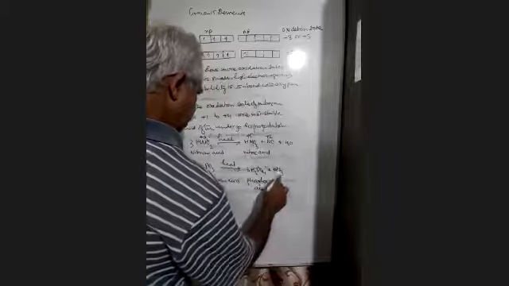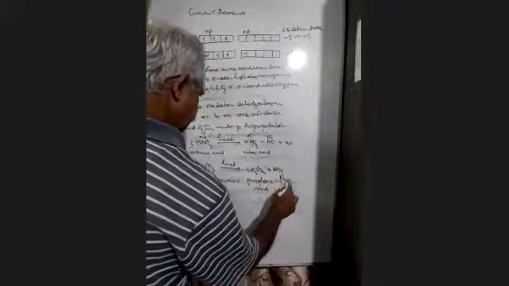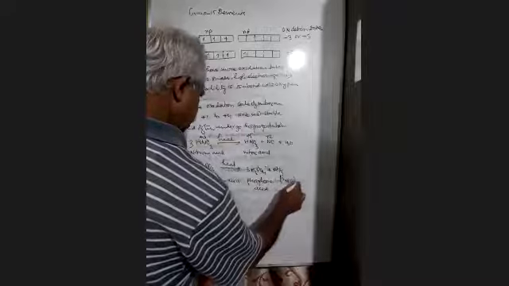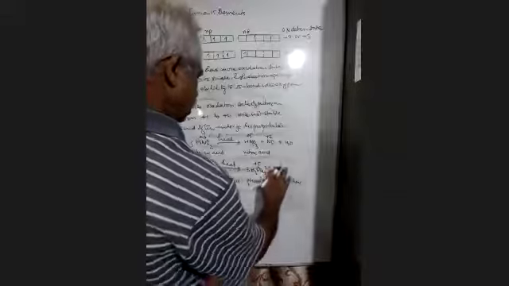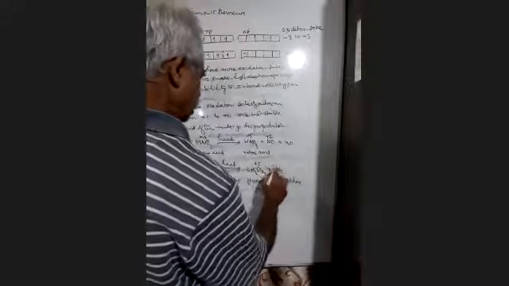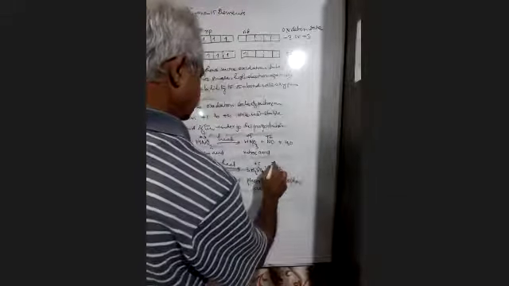And this is called phosphine. This is plus 3. This is plus 5. This is minus 3.